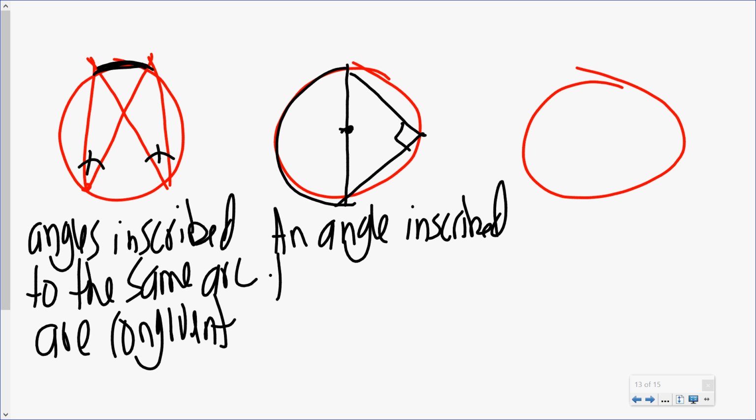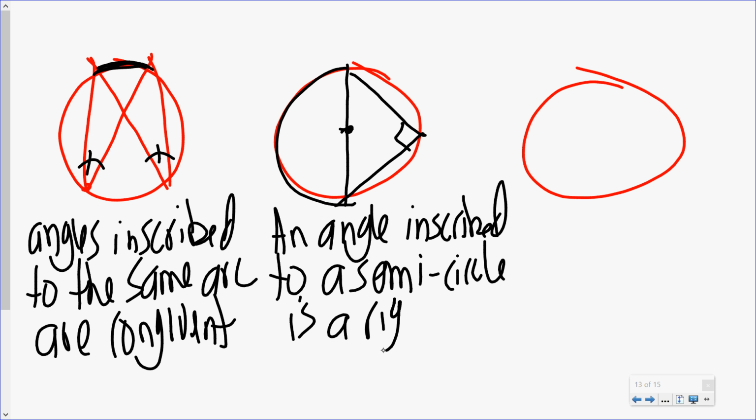An angle inscribed to a semicircle is a right angle. And this one's similar to that. I have a tangent and a diameter. They form a right angle as well because it's still intercepting an arc of 180.